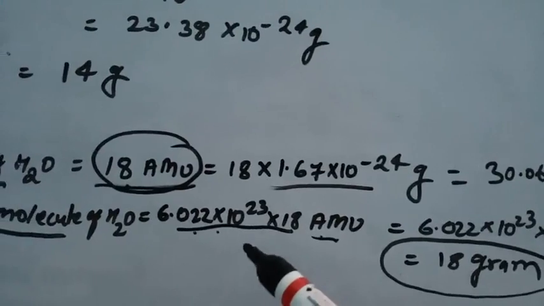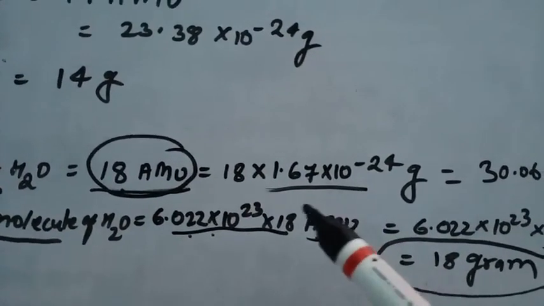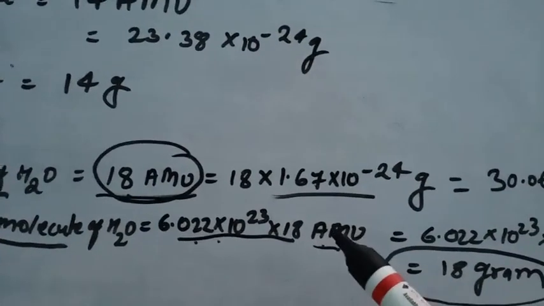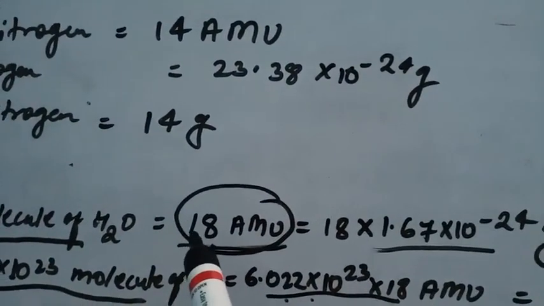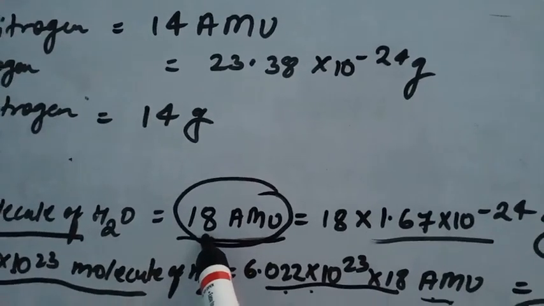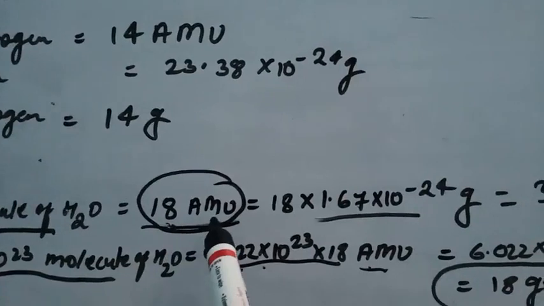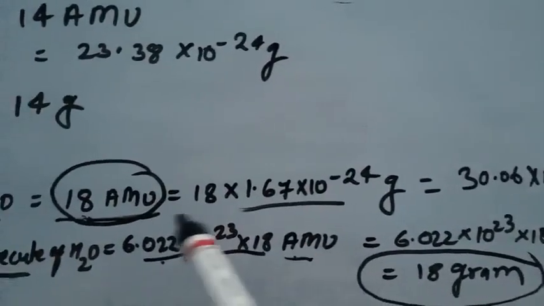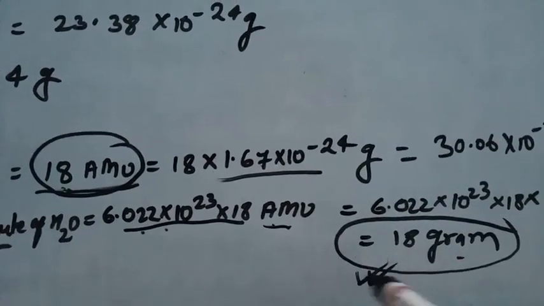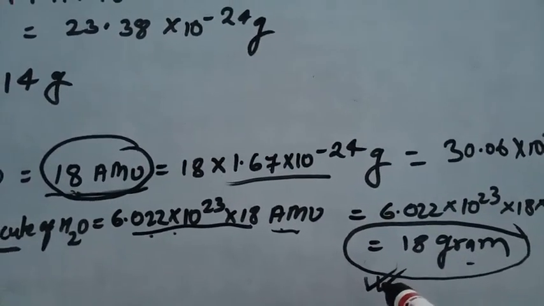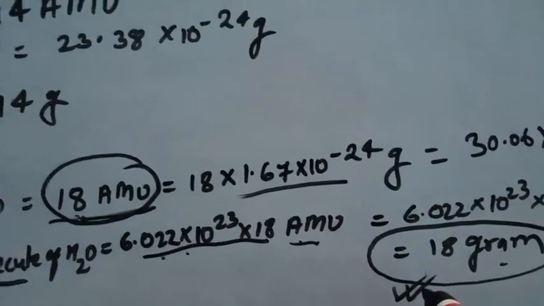So for calculating 1 mole of water, you can just take the value of the molecular mass of that compound, that molecule, and just change the unit to gram. Then you will get the mass of 1 mole of that compound. Here we have got the mass of 1 mole of water.